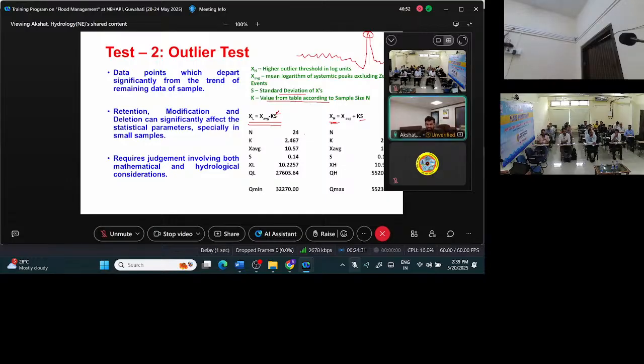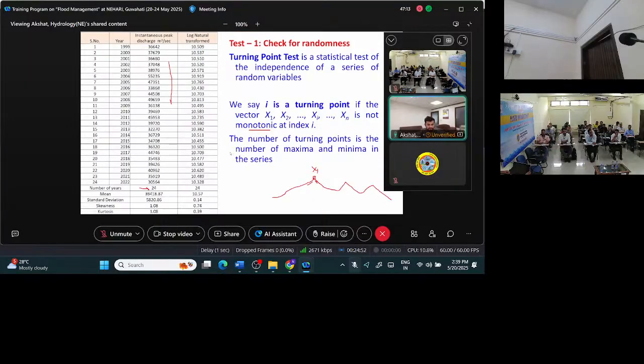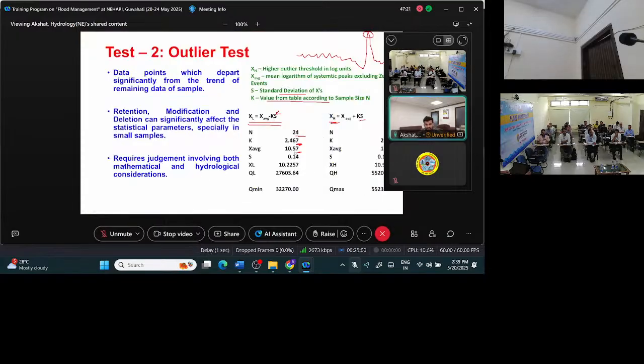Now in our case, we have 24 observations. This is the value of K, which is given in a table in the manual, and from there we have taken it. X average is the log normal value of average. For example, if you see here, the mean of the natural log transformed series is 10.57.